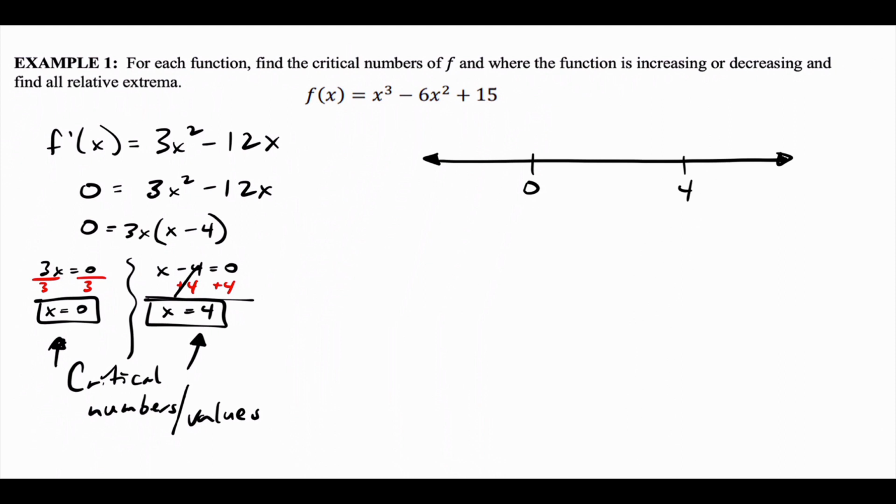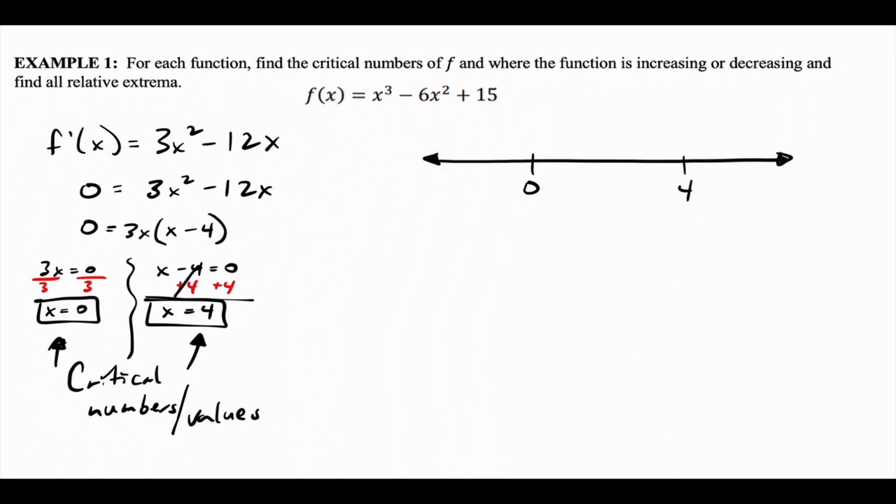What I'm going to do is plug in numbers in between. I know at 0 and at 4, the derivative is 0. But what about in between 0 and 4? What about greater than 4? And what about less than 0?